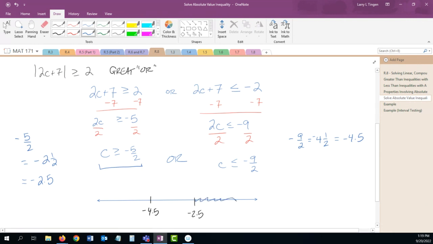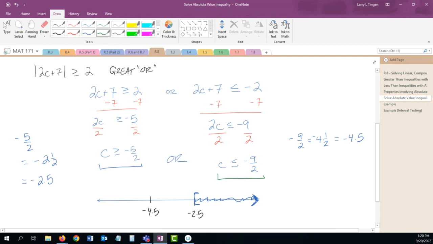That's going to correspond to everything to the right of negative 2.5. And does it include the negative 2.5 or does it not include it? Yes or no? Yes, it does. All right, so it is included, which means this gets a bracket.